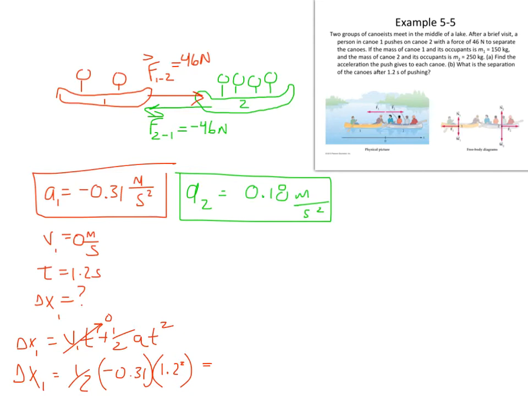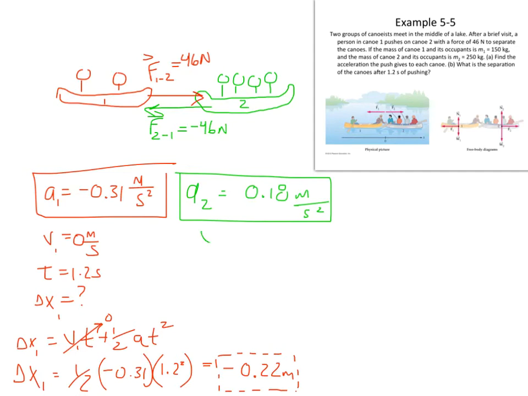So 0.5 times negative 0.31 times 1.2 squared is going to be negative 0.22 meters. All right, I'm going to dotted line box that because it's asking us for the total separation. So canoe 1 is going to move backwards that far. We've got to find out what canoe 2 moves, and then we'll just add them up.